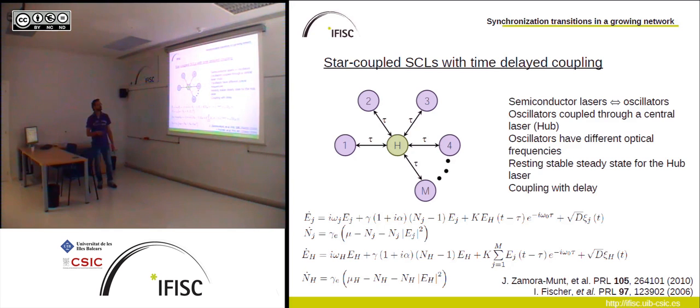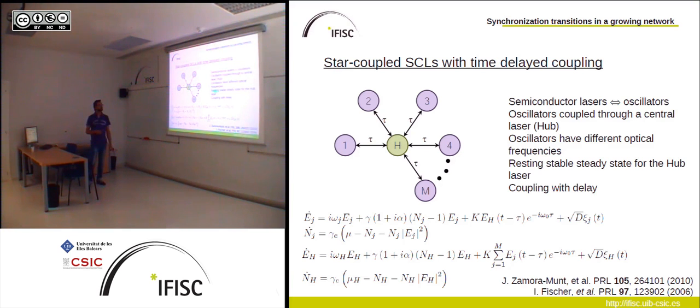Each oscillator has different optical frequencies with a Gaussian distribution in our case. So they have differences between them. These star elements are not exactly the same, so we are considering certain heterogeneity.